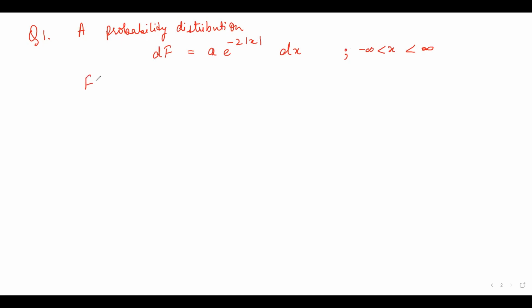We need to find the value of a, the constant a. Now, we will notice here that we are given this is df. Now, what is this df? Here, we are talking about the derivative of the CDF, right?